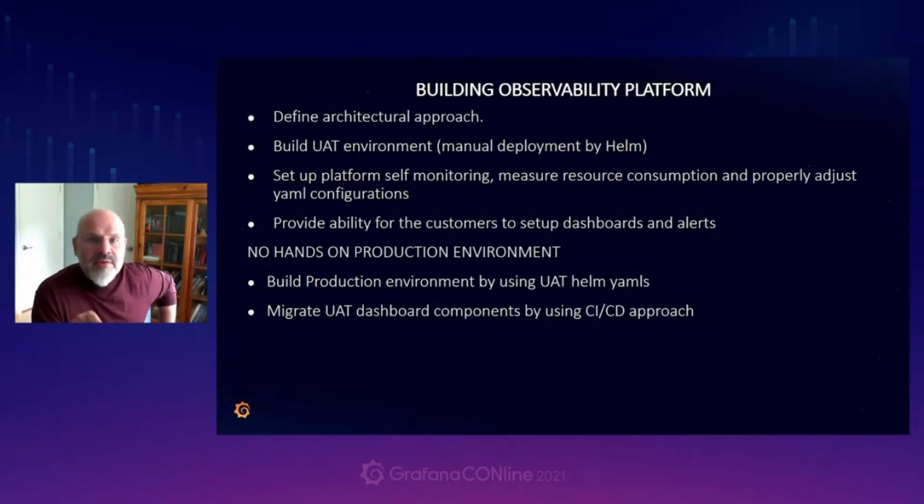And finally, when everything is done and you're ready to provide your final configuration files, such as YAMLs, you move this to your delivery engineering, and those people would do the work for production. So rule number one: no hands-on production environment. And this is probably the right rule for any responsible customer.